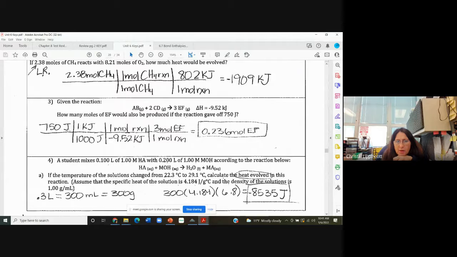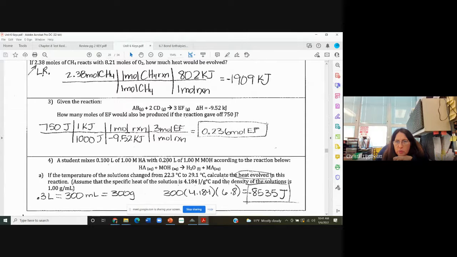Now I'm going to cancel my kilojoules out, and that goes into moles of reaction, because remember, this is kilojoules per mole of reaction. Then I look at my coefficients. So for every mole of reaction I go through, I have 3 moles of this EF. And then you just multiply through and divide.